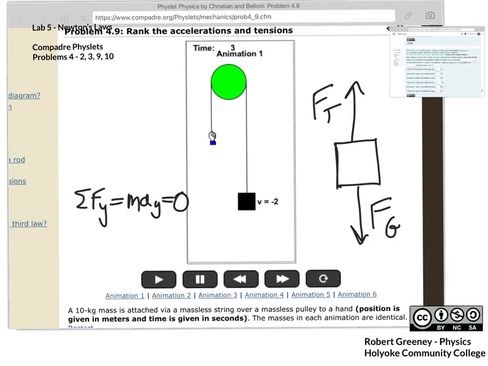And so the tension in the string, or the force with which the hand is exerting on the string, has to be 98 newtons. Okay, animation 2.